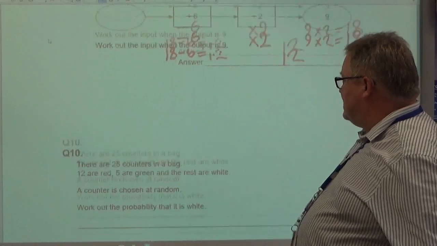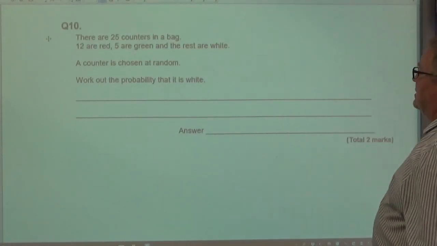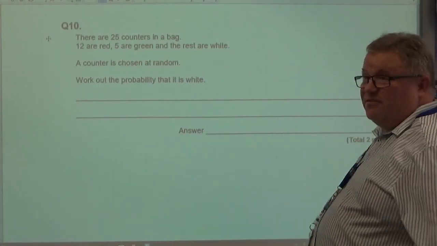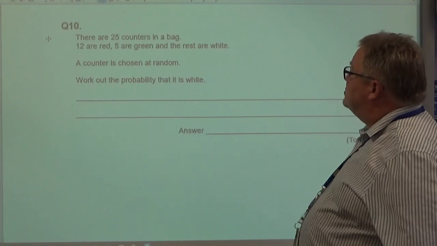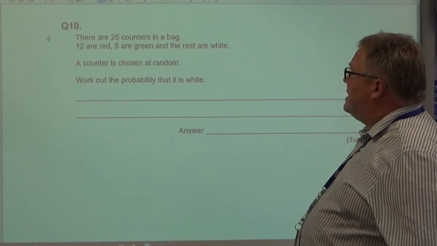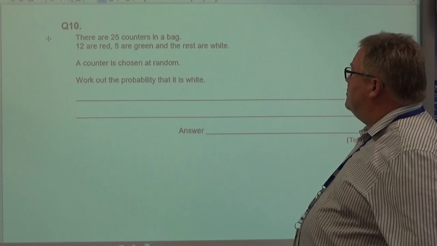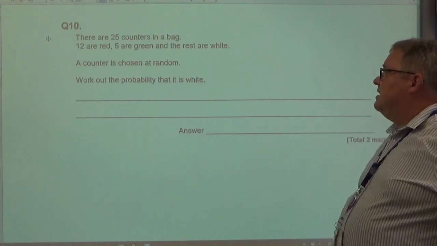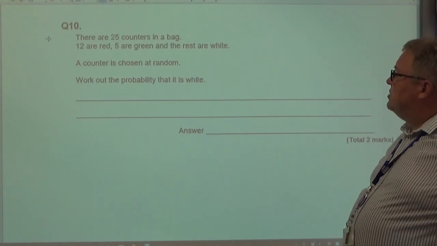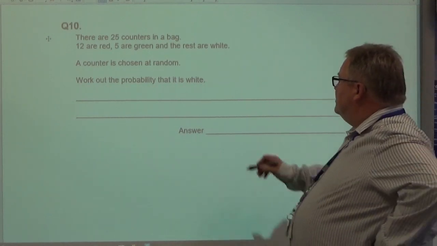So well worth having. Question 10, we're coming on to a fairly straightforward probability question. There are 25 counters in a bag, 12 are red, 5 are green, and the rest are white. A counter is chosen at random. Work out the probability that it's white.